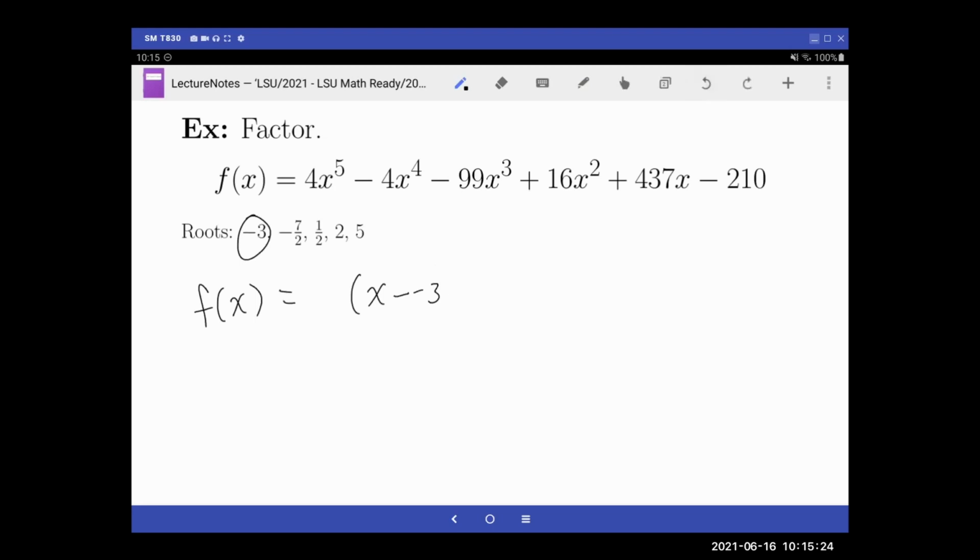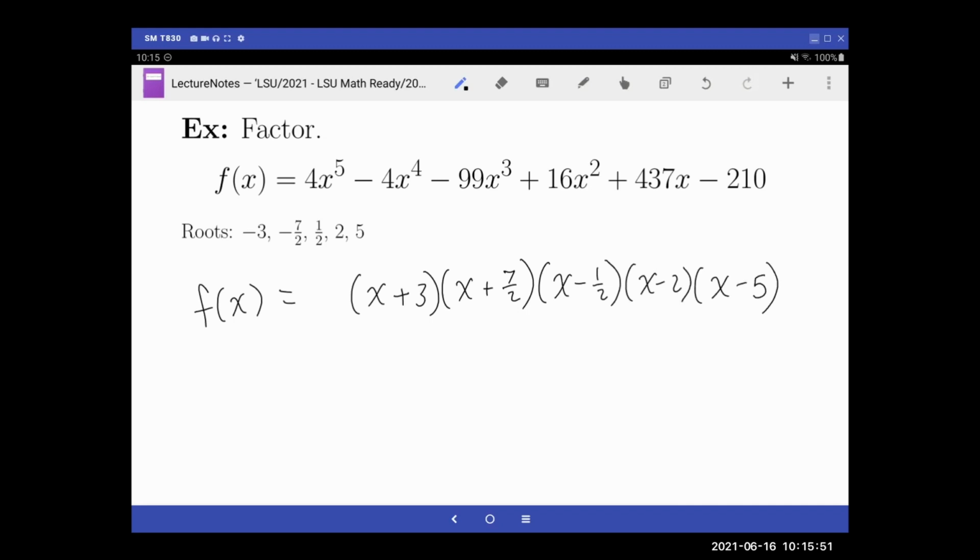That's going to be x plus 3, of course. x minus negative 7/2, I'm sorry, negative 7/2, so again, that's going to make a plus. x minus 1/2 is a factor. x minus 2 is a factor. x minus 5 is a factor. Okay, so those are 5 of the factors.